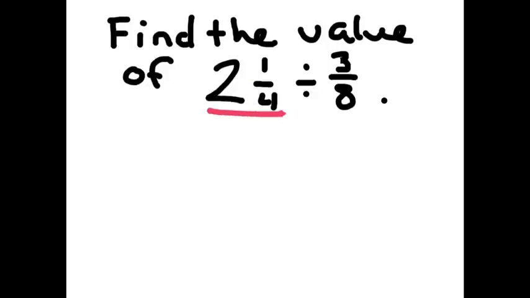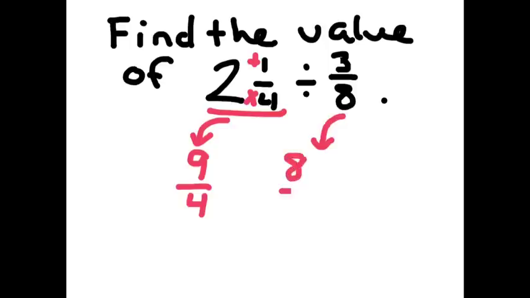So 2 1/4, I go 2 times 4 is 8, plus 1 is 9. This is going to be the same as 9/4. So I kept the first one the same. I flip and find the reciprocal of the second one, so 3/8 is 8/3, and then I change dividing to multiplying.